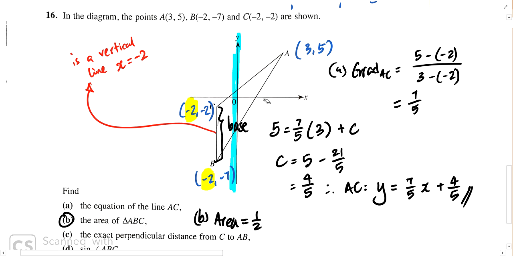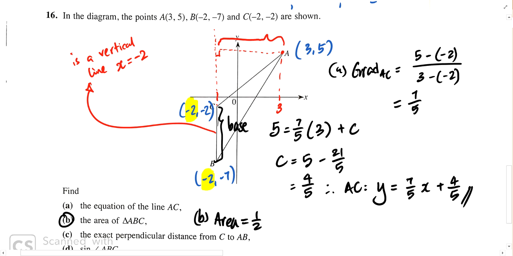So the coordinates are very useful to help us determine the corresponding perpendicular height. So let's continue this line up. If BC is my base, then my perpendicular height will be from the point that wasn't used, which is point A, down this way.